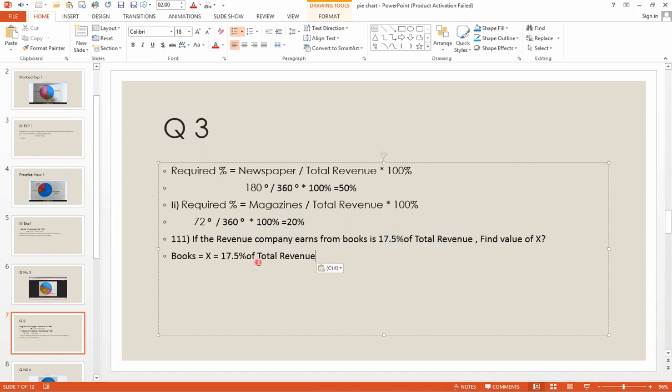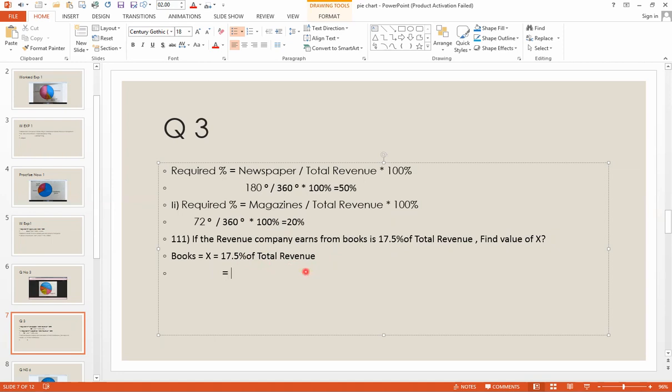Is that correct? Just give me a few seconds, I have to write. Here in the third part, it's very easy. You just have to find the value of books, and they don't give any value of book. Instead of writing any value, they gave this line, 17.5% of total revenue.